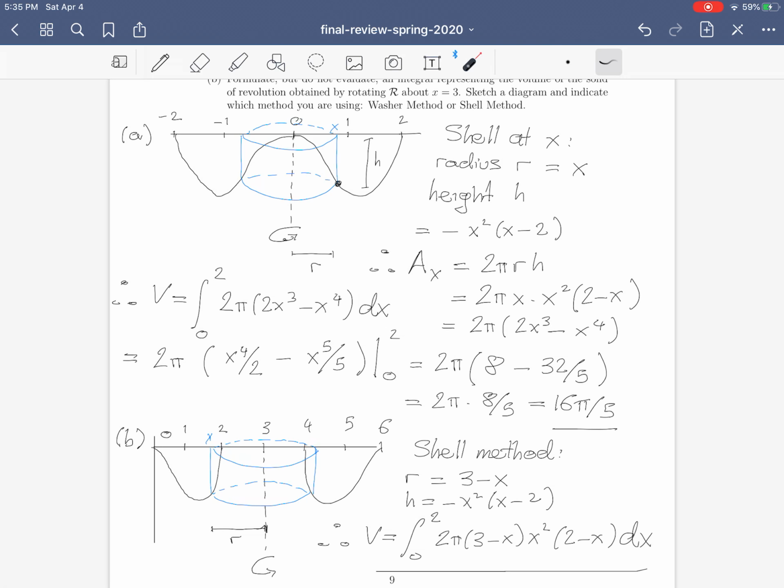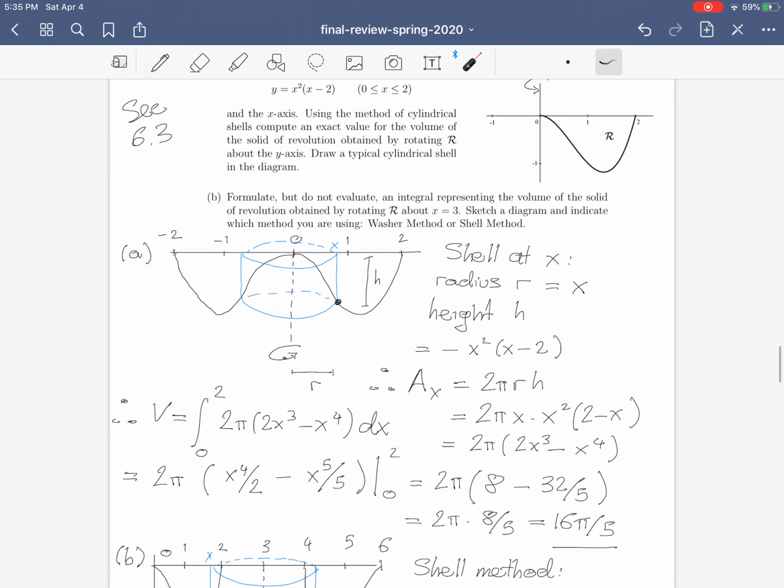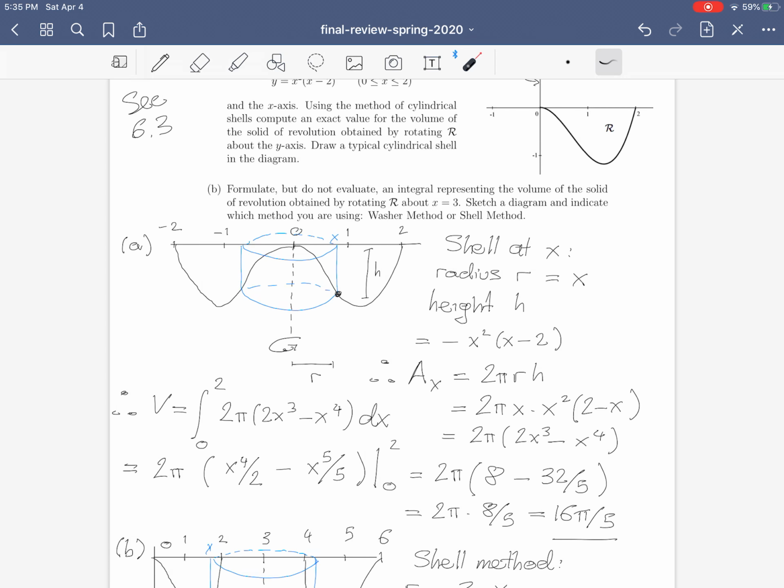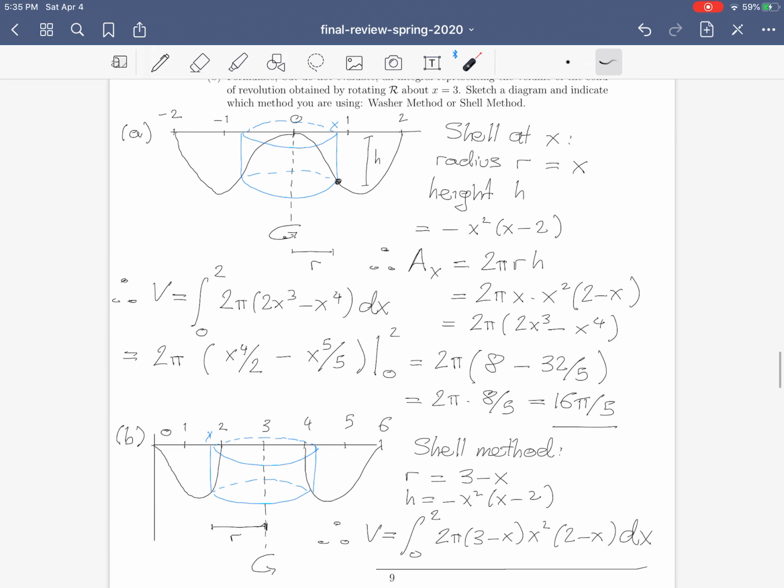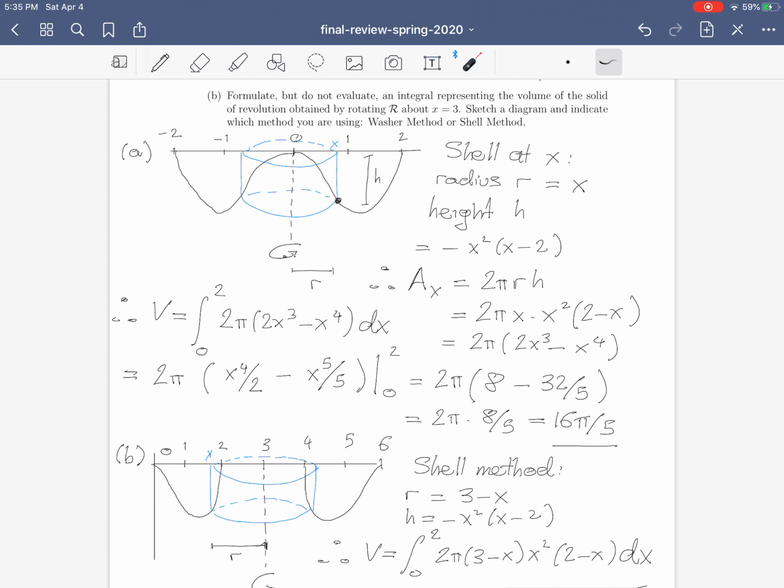So in general, you want to use the shell method for this kind of question because your axis of rotation is a vertical axis and you're given the curve where y is a function of x. If the curve was given as x is a function of y, then we want to use the washer method instead.